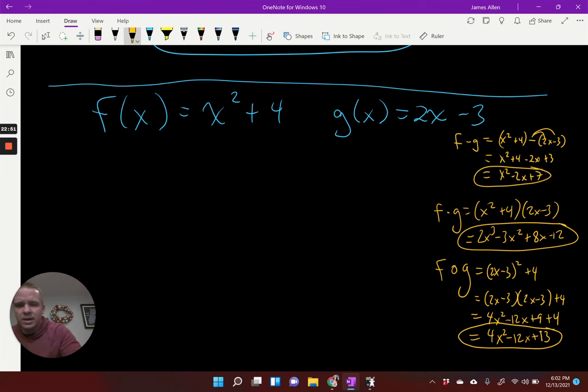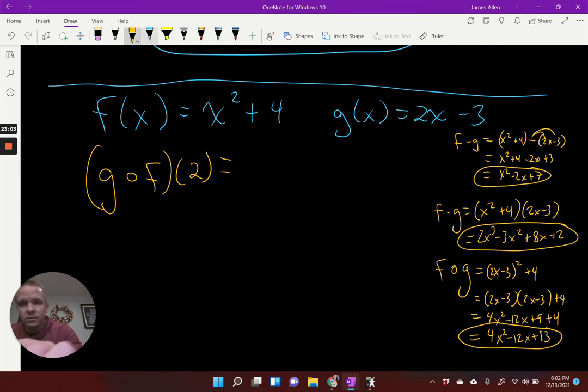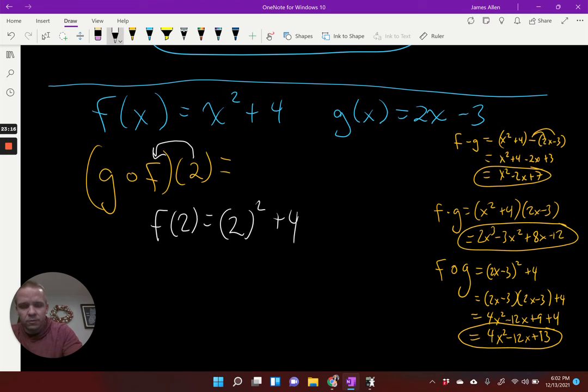And then how about one with evaluating a number? And let's go the other way now. Let's say that we're going to do g of f of 2. Okay? So for this one, the way I like to go about it is I like to plug 2 into f. So I'm going to do f of 2. It's a weird 2. And I'm going to have 2 squared plus 4.